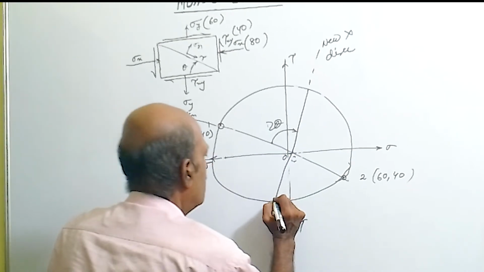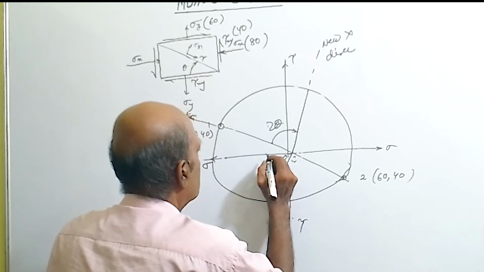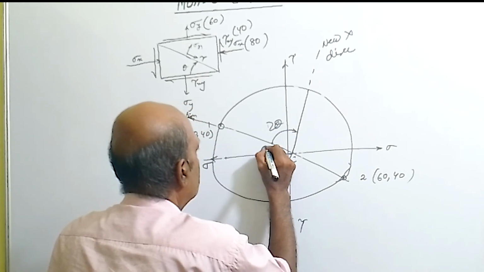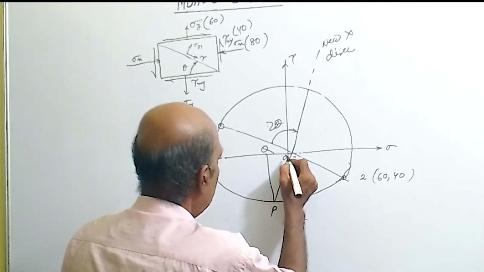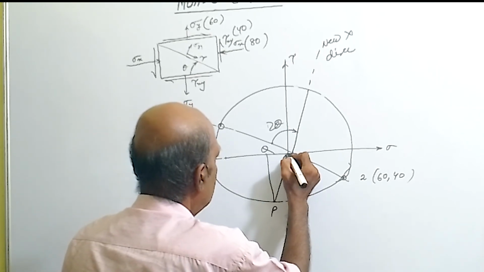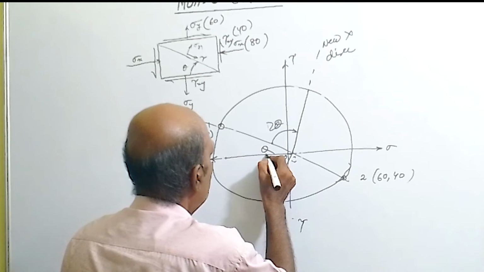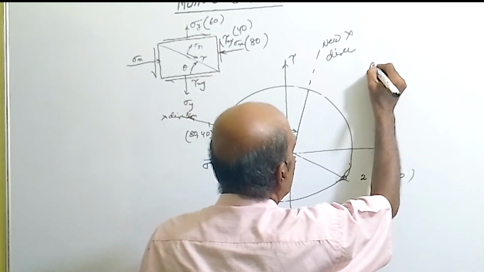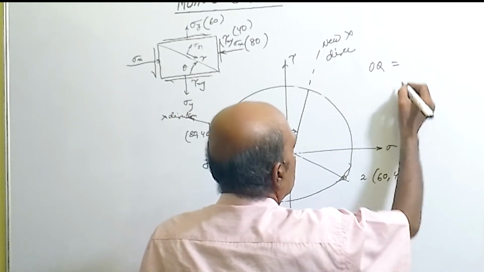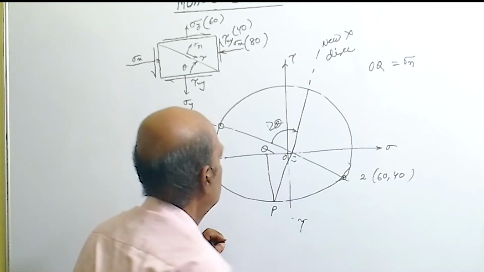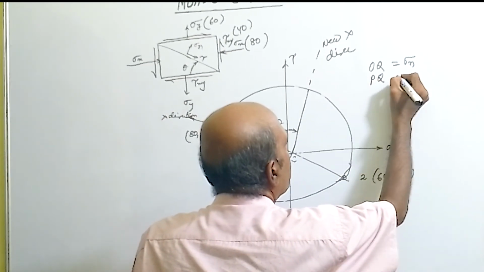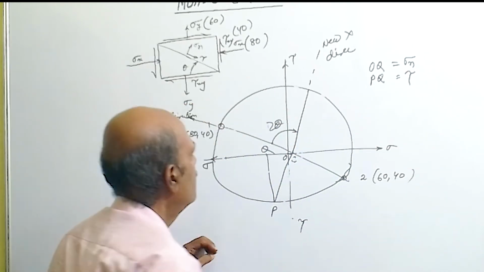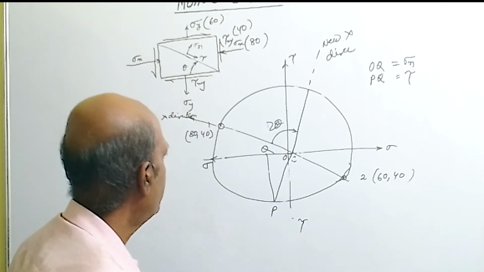From this foot you drop the perpendicular. So let this point be Q. So we have got point P, point Q, and this is the origin. So from the origin you measure the distance OQ, and that will give you the sigma n value. Measure the distance PQ, it will give the tau value on the inclined plane.